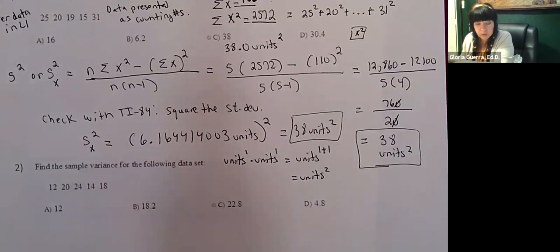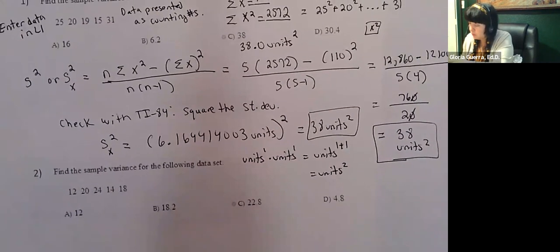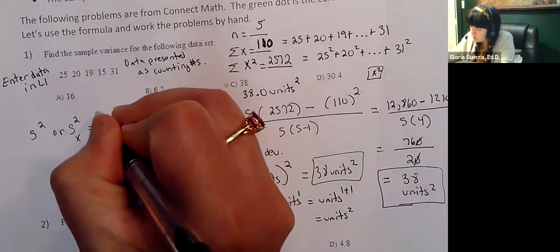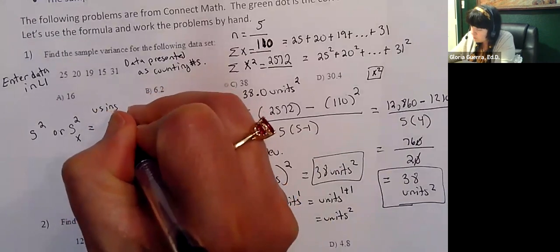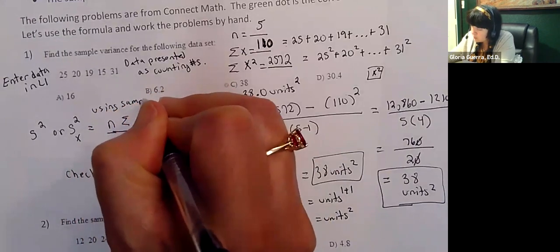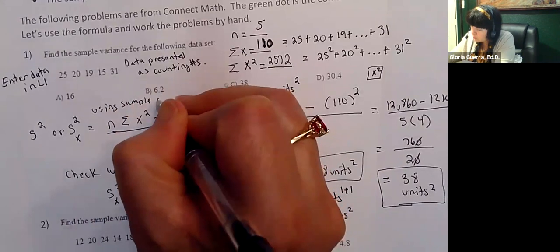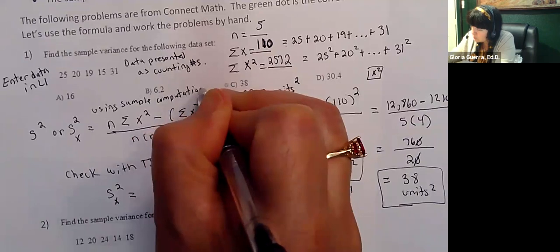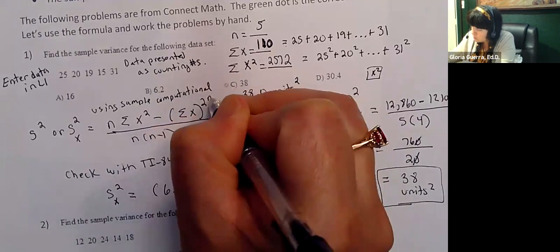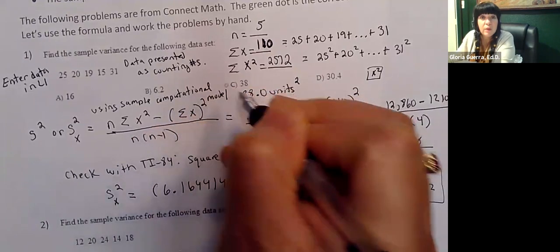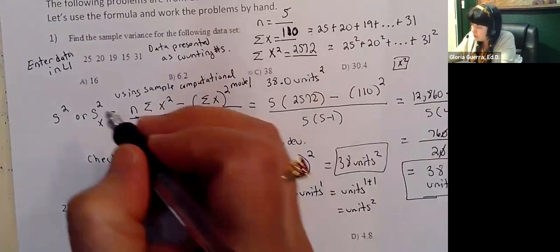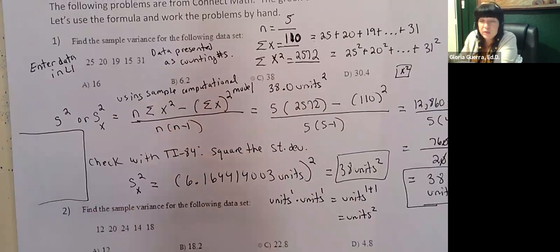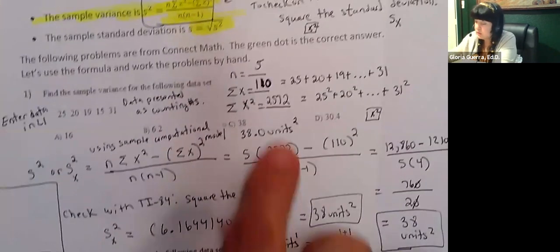So remember the calculator commands, and again, let me write this down, this is using the sample computational model. And remember what we did on the calculator to get this Sx, to get the standard deviation.